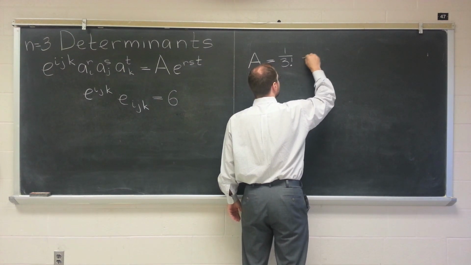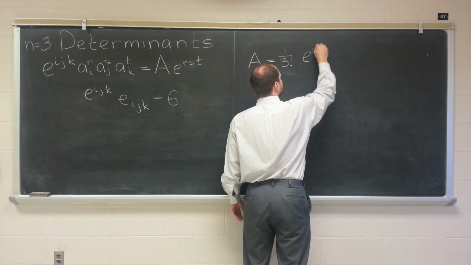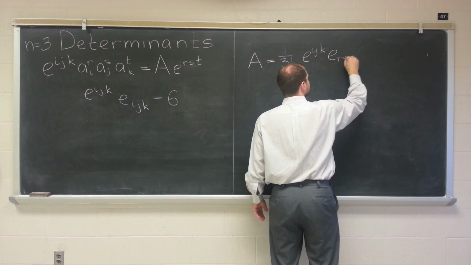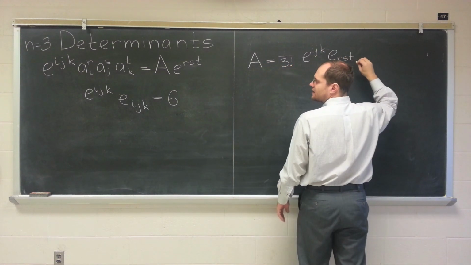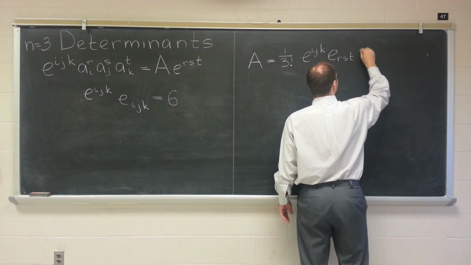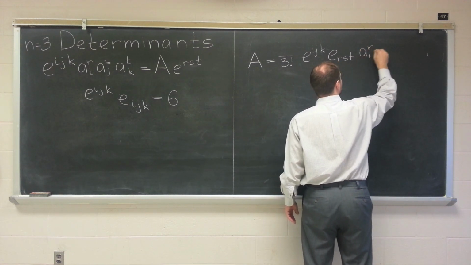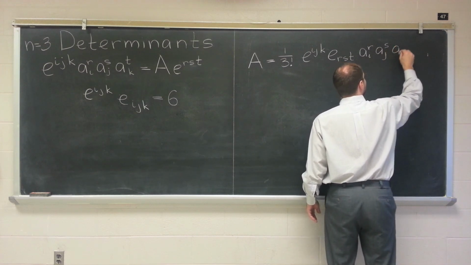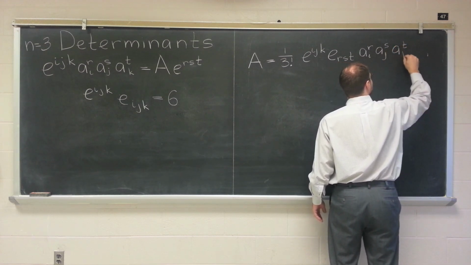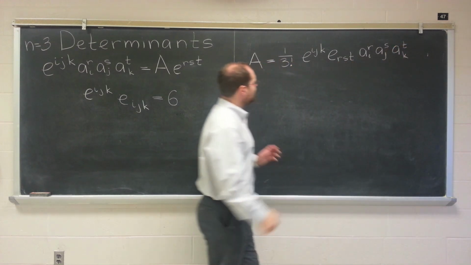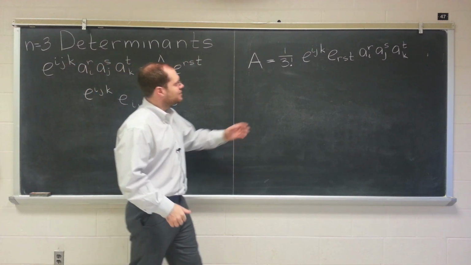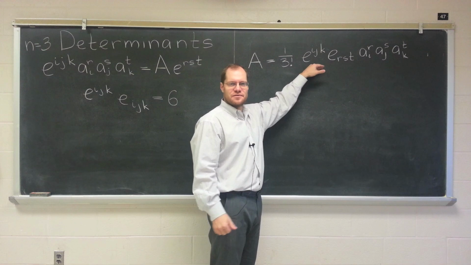E I J K, E R S T, times A R I, A S J, A T K. And of all the expressions that we've written involving the determinant, this one is most preferable.